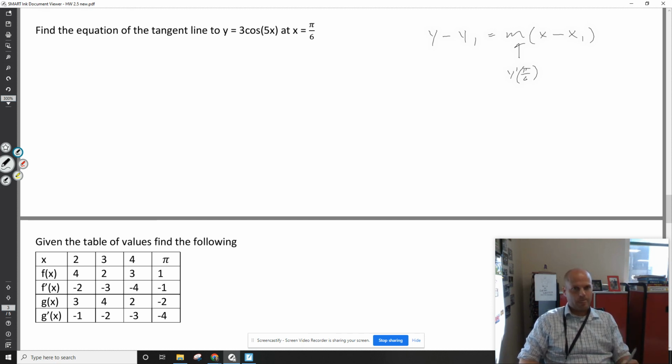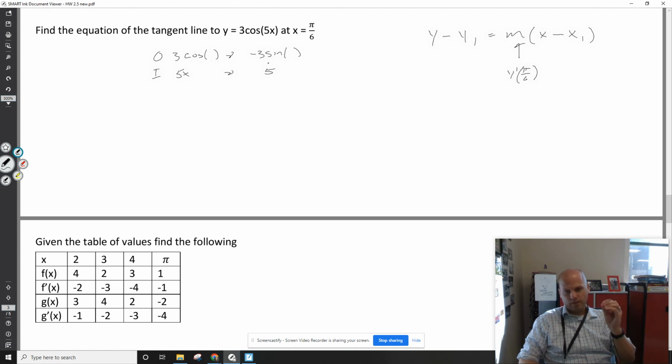That's the slope. A lot of students make mistakes with this kind of concept. They think that the derivative of 3 cosine is -3 sine. They think that this derivative is the slope, so they plug this entire function into m.